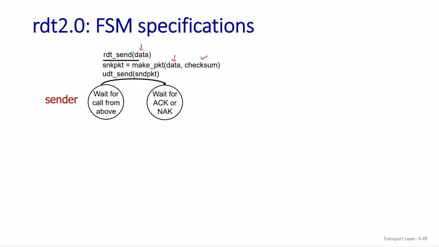See, checksum was not there because we were not in reliable data transfer 1.0. We were not expecting any errors. We were assuming a channel where there are no errors.